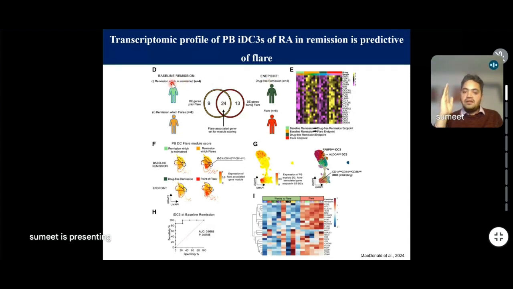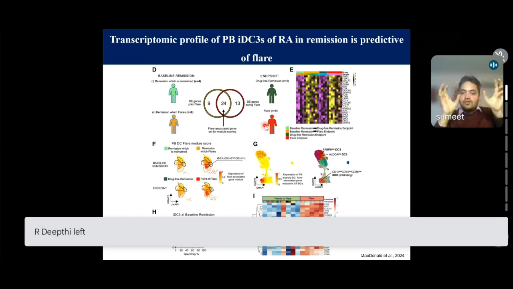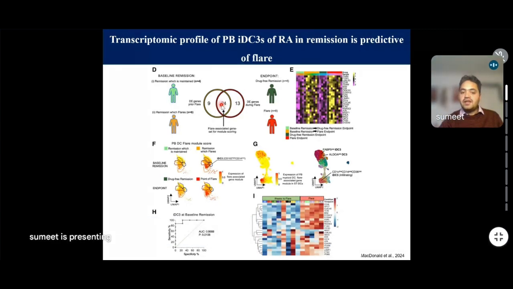Then there is remission which is maintained, meaning these patients do not have active disease, but they do take the drug. These are the patients who were in remission, so they didn't have any disease, but later on they develop the disease. And then these are the patients who actually have an active disease. So we can take all those 4 different groups and look for the differential gene expressions associated with each of those groups.